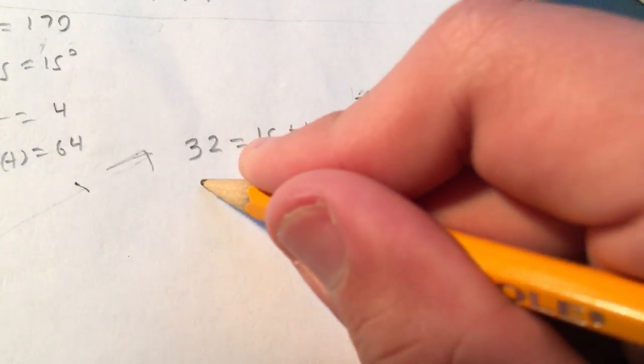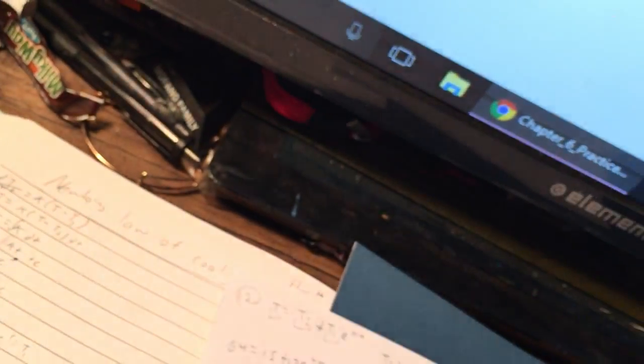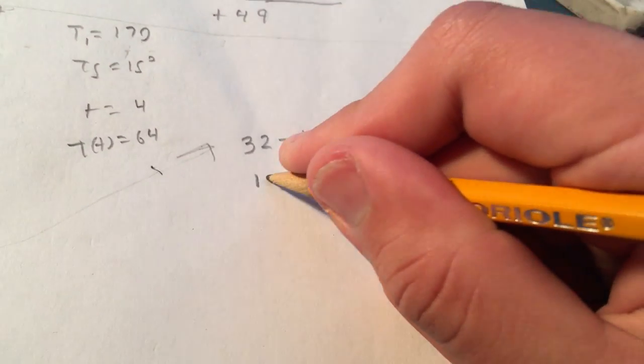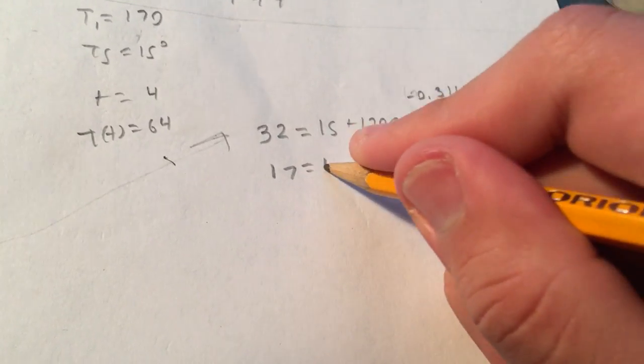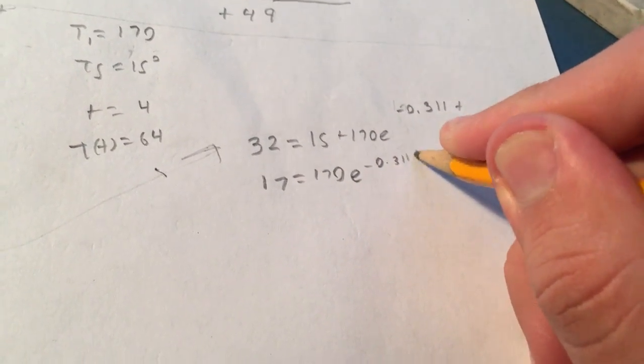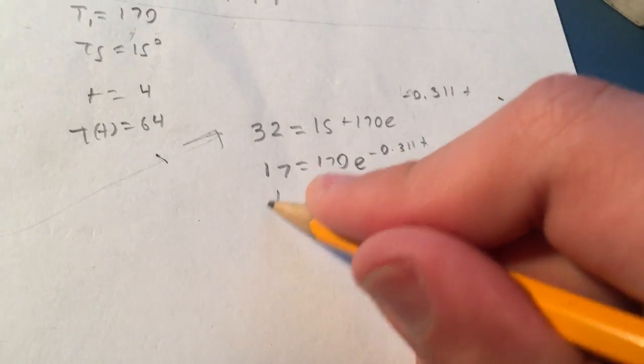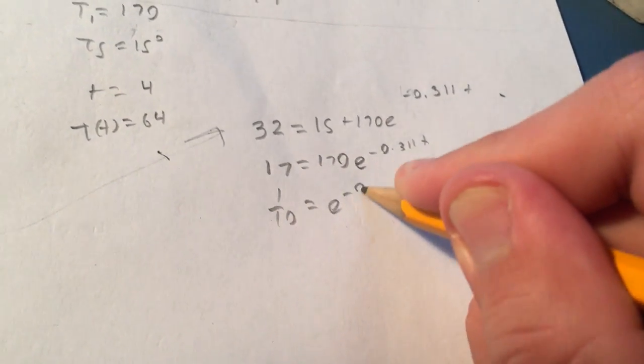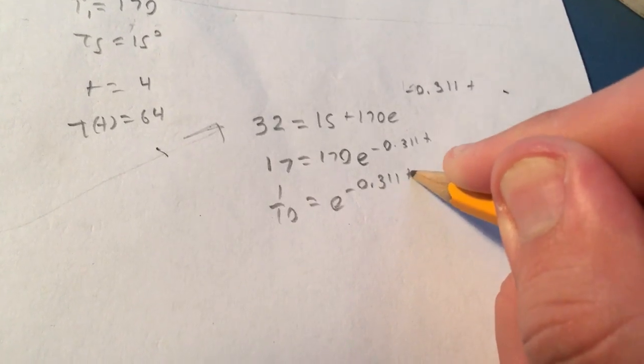So now we move stuff around, right? So we subtract here, 17, equals 170 e to the negative 0.311t. So we divide, so 1 over 10 equals e to the negative 0.311t.